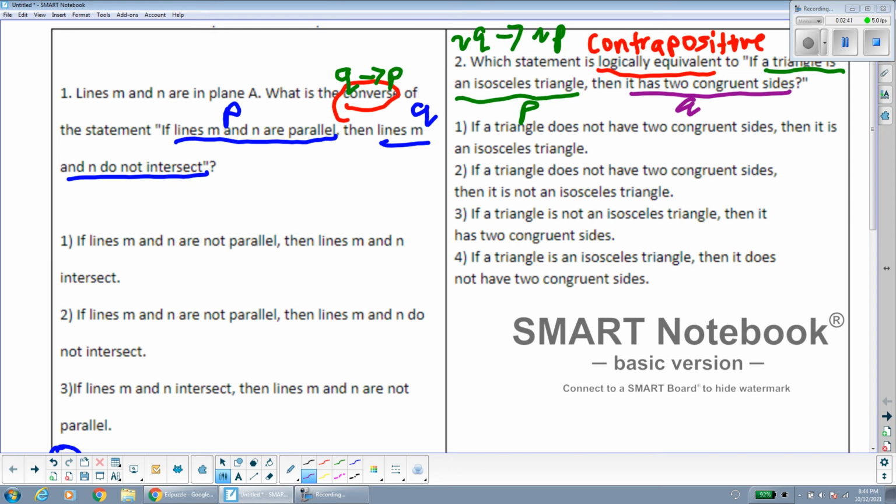So it should say if it does not have two congruent sides, then the triangle is not an isosceles triangle. And I see that that's answer choice 2.